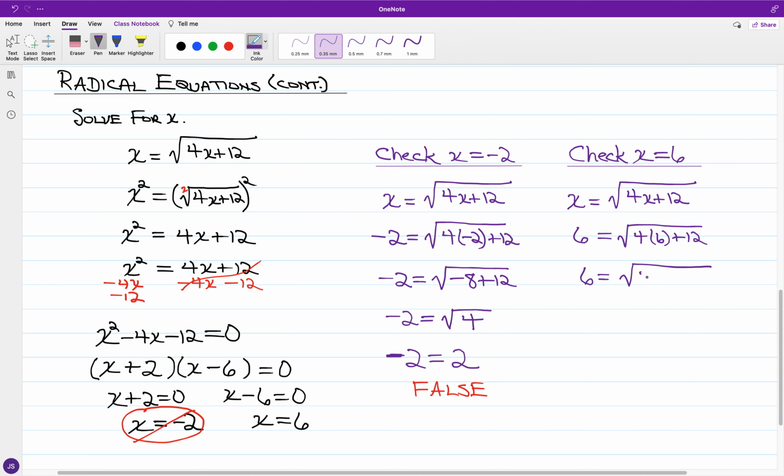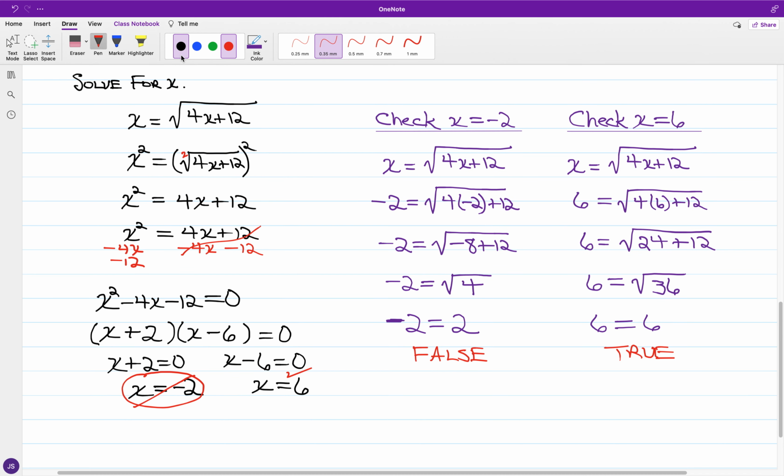Now 4 times 6 is 24, and add it to 12. So we're going to have the square root of 36. And for the square root of 36, we're looking at just the positive value, and that is going to be 6. And 6 is equal to 6, so that is true. So the tested value for x set to 6 will ring true, and this particular equation will have one solution, and that is 6.